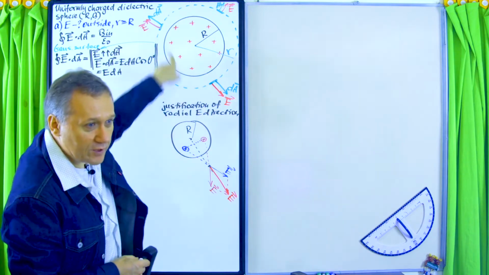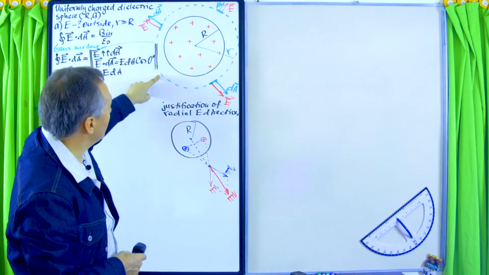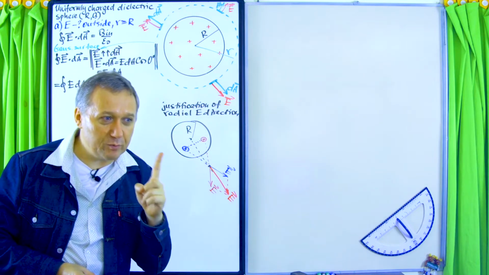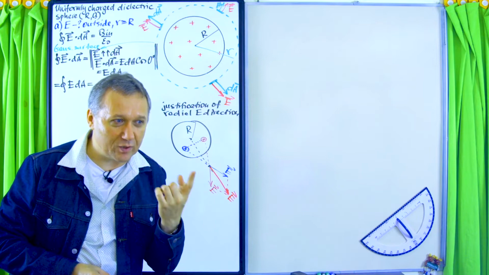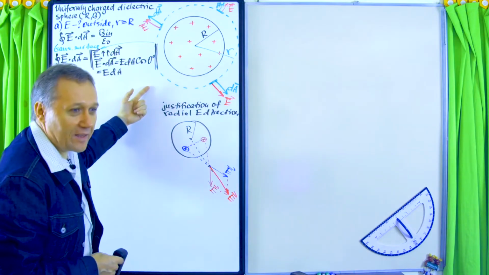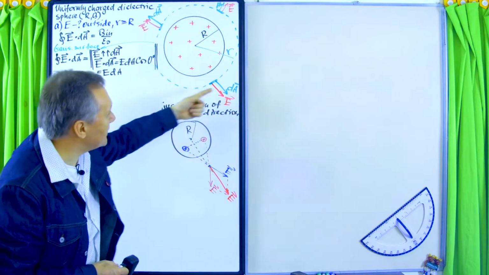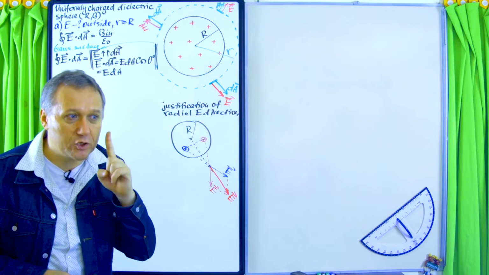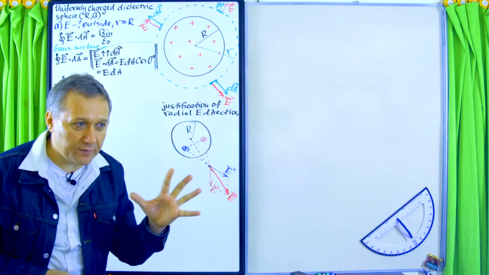Of course, because of the spherical symmetry, the distribution of charge, if you look from this point, will be exactly the same. It means that the electric field strength at this point will be exactly the same as here. The magnitude of the electric field strength, of course; directions are different.